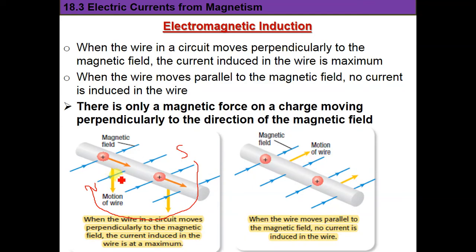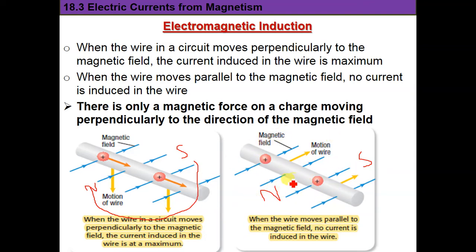How does the wire move here? It moves perpendicular to the field lines. The field lines are the blue ones, and the motion of the wire, yellow, is up and down. When the wire moves perpendicularly, the field lines are changing, so I have current.